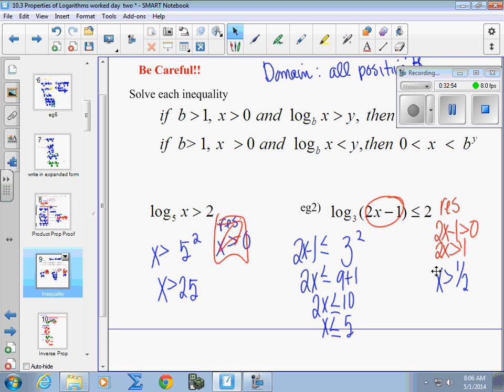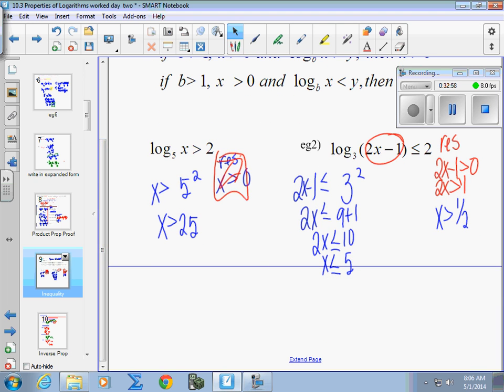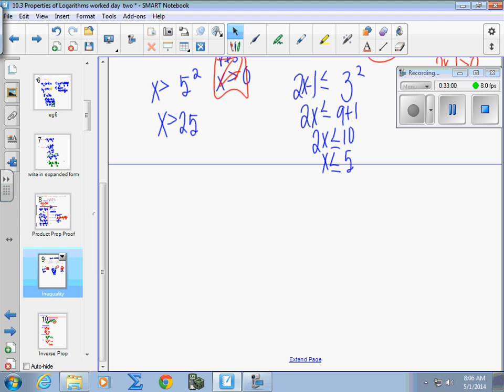That means we can choose a negative number, but we can't have a negative number, so we're going to have a restriction. 1/2, right? So x such that 1/2 is less than x is less than 5. We probably should have put this.